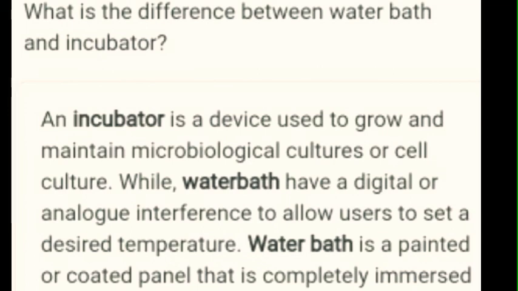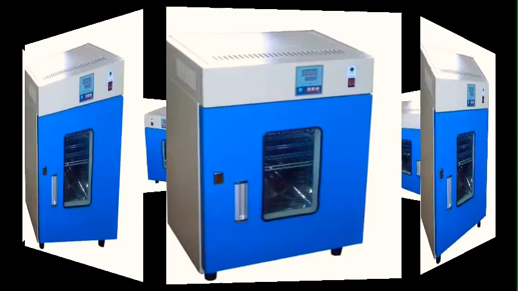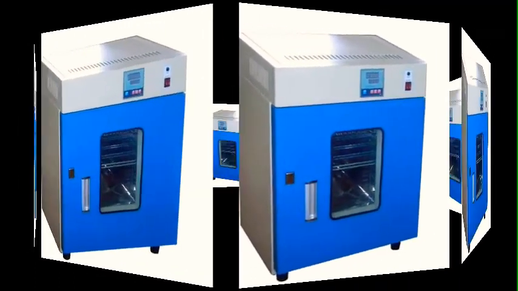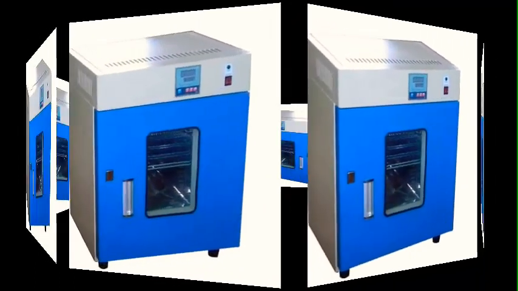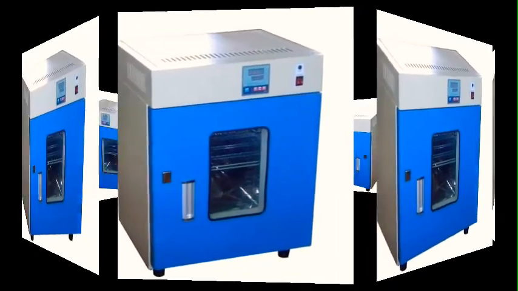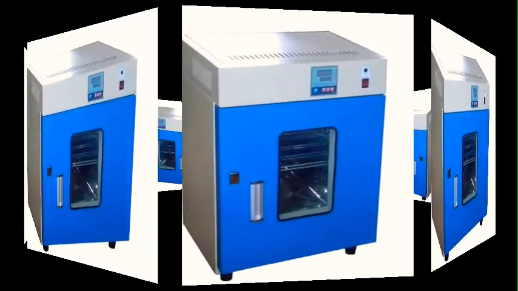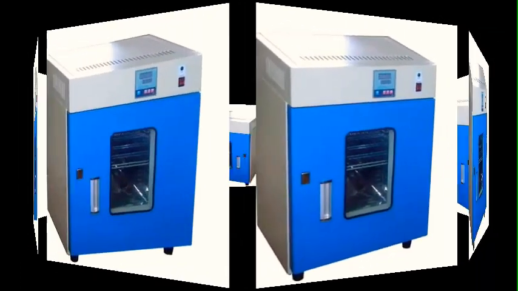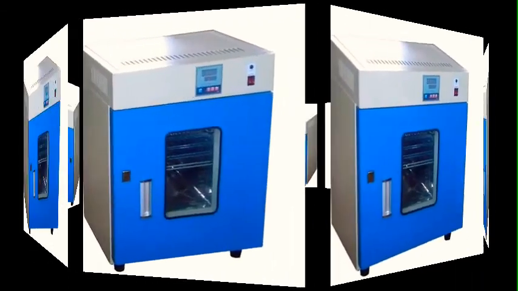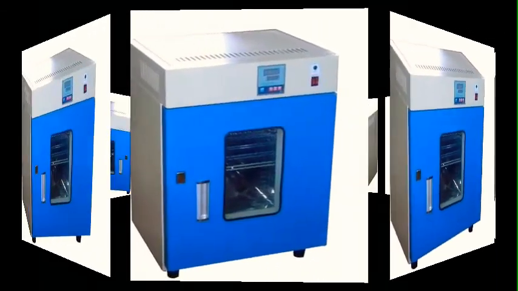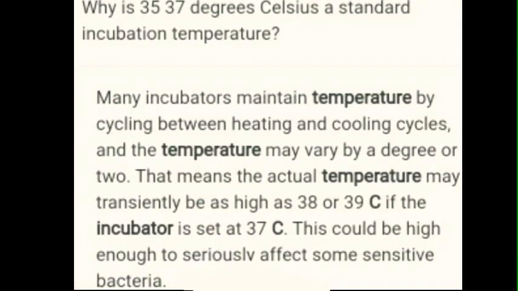Why is 35 to 37 degrees Celsius the standard incubation temperature? This question arises because 37 degrees is a very standard temperature. Many incubators maintain temperature by cycling between heating and cooling cycles, and the temperature may vary by a degree or two.